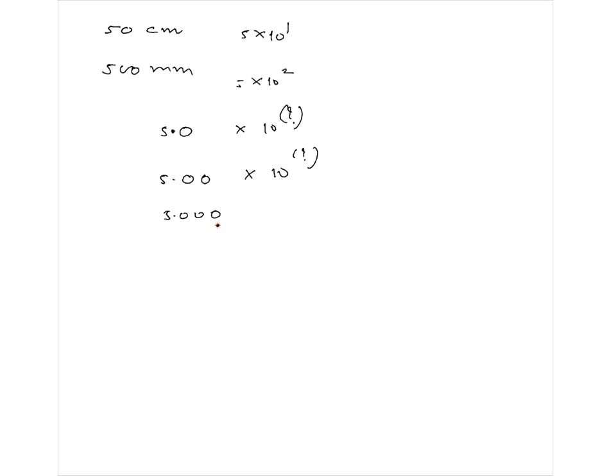So whenever you see zeros like that, 500, 5,000, 5 million, just ignore all zeros. Write whatever number you have in this format. And look here. Is it 5? Is it 5.0? Is it 5.00? Is it 5.000?